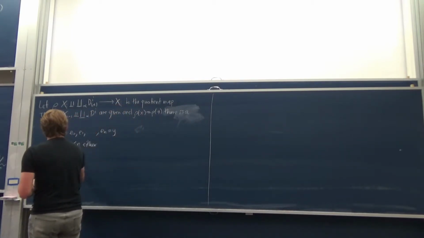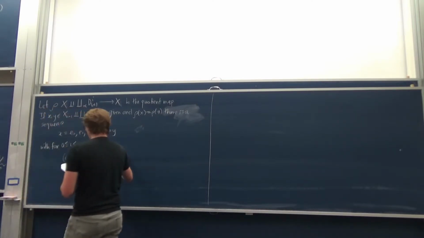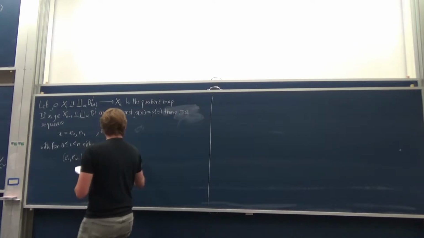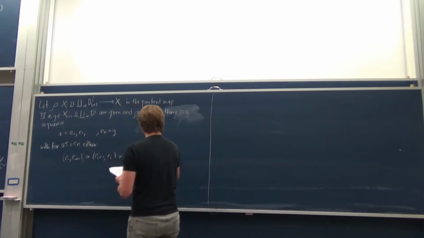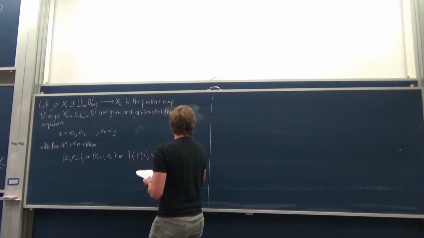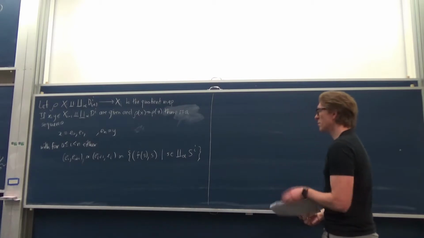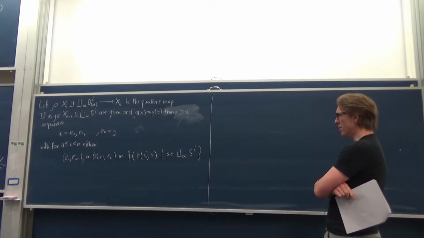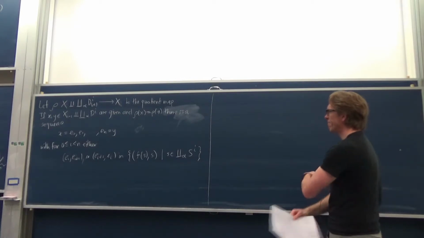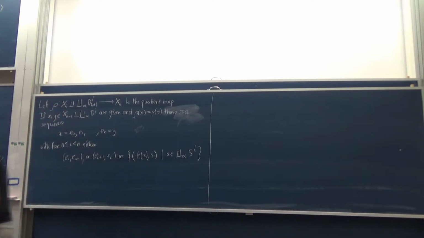That is to say, either (e_i, e_{i+1}) or (e_{i+1}, e_i) is in the set of pairs which look like (f(s), s) for s in those circles. Right? That's the generating set of pairs. And maybe it's worth drawing the picture now.